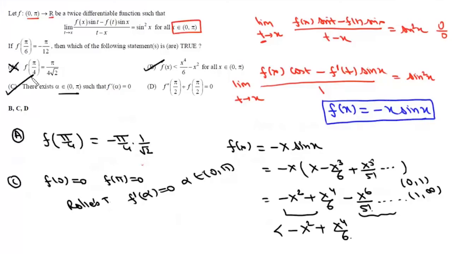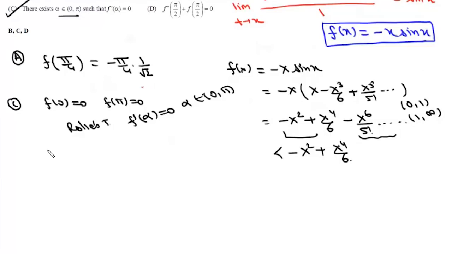Now option D: we need to find f double dash pi by 2 plus f(pi by 2). Now f(pi by 2) is minus pi by 2. When we differentiate this, f dash x will be minus x cos x minus sin x.